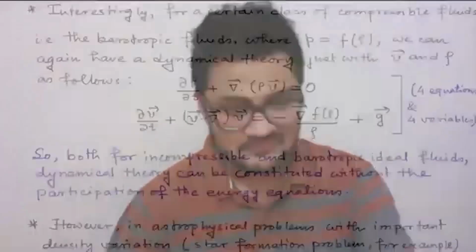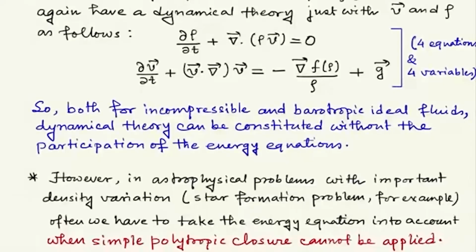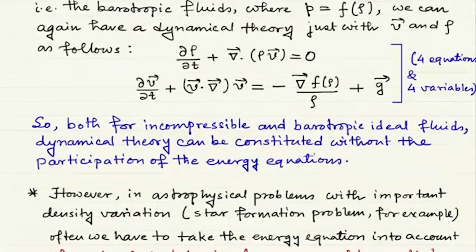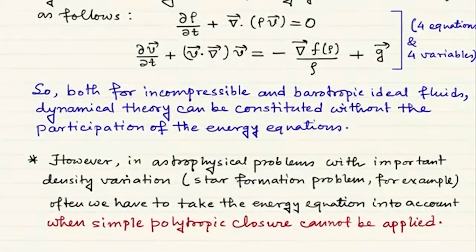But in several astrophysical problems with important density variation, that means you cannot consider the incompressible assumption, for example the star formation problem, often we have to take the energy equation into account when simple polytropic closures cannot be obtained, cannot be applied or cannot be valid. So you understand, that's why I'm saying the modus operandi should be like that.